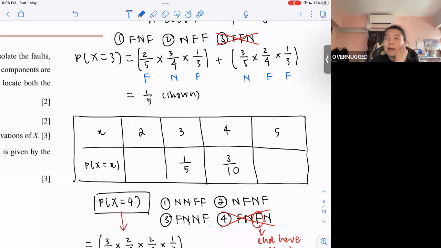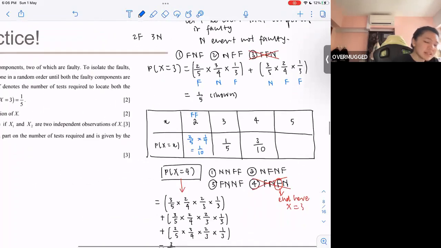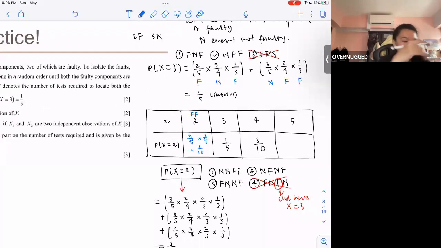But you can definitely find using PNC. So that's just going to be 2 out of 5 times 1 out of 4, which is 1 out of 10. It's the one for 5 that's a headache.